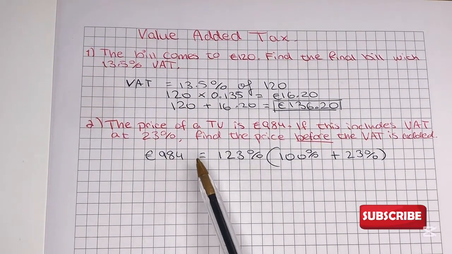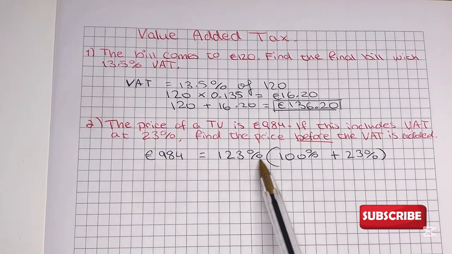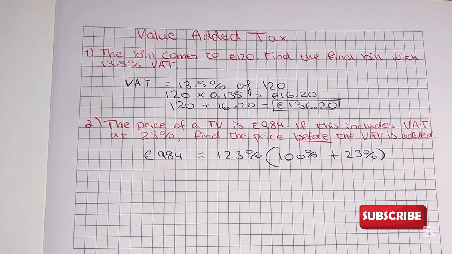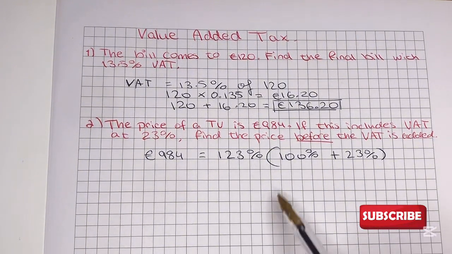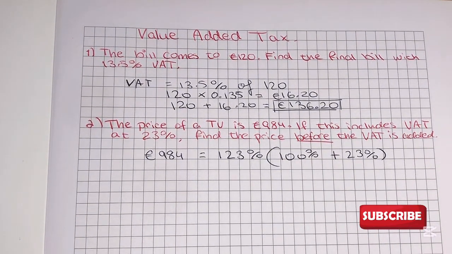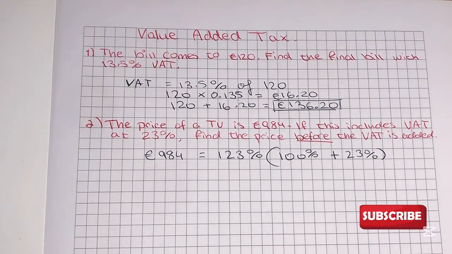So 984 is 123%. Now we're going to find 1% of this and then 100%, okay? Because you can't just skip by and find 100%. No, firstly you have to build up onto what you already know.